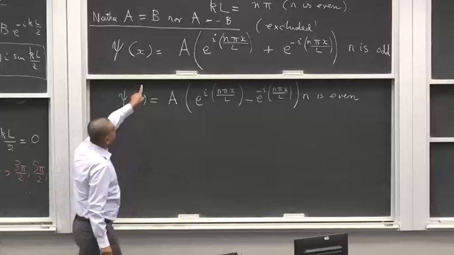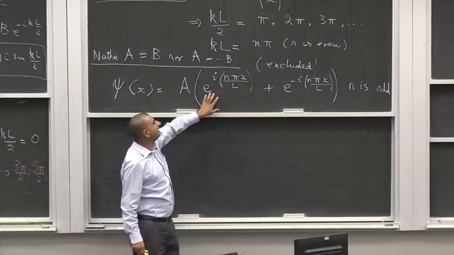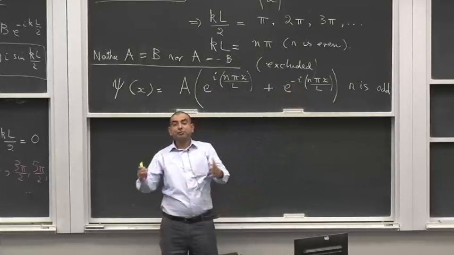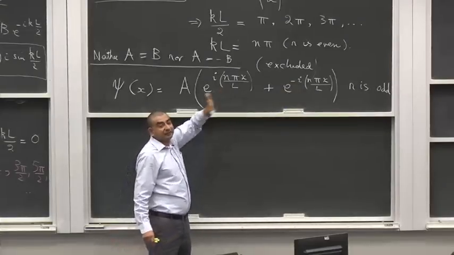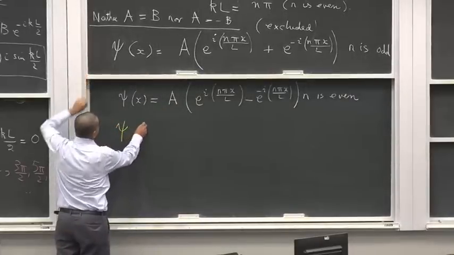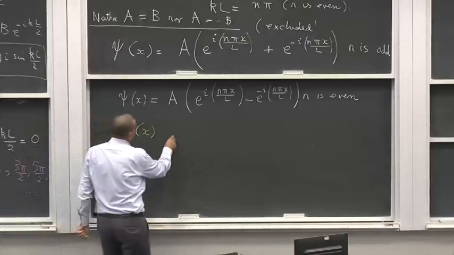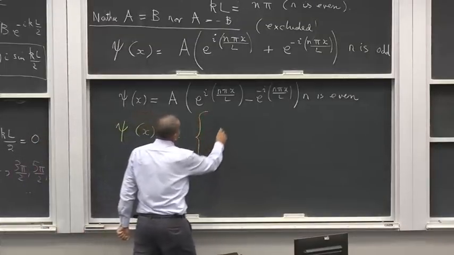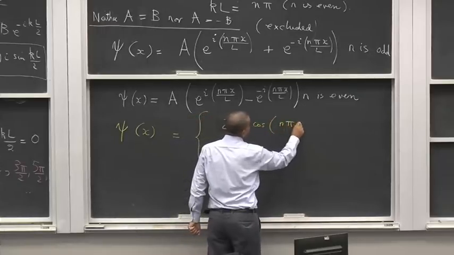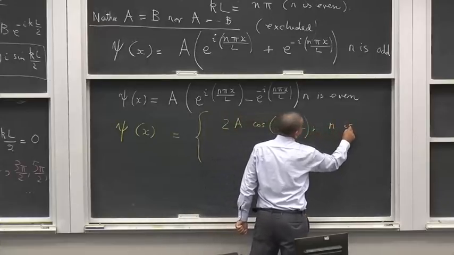If I look at what I've written over here, can you tell me from trigonometric identities, what is e to the i something plus e to the minus i something? It's 2 times cosine of this something. So my wave function inside the well, inside the infinite well, is 2 times A cosine of n pi x over L, where n is odd.